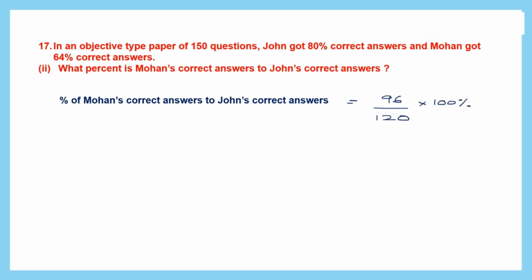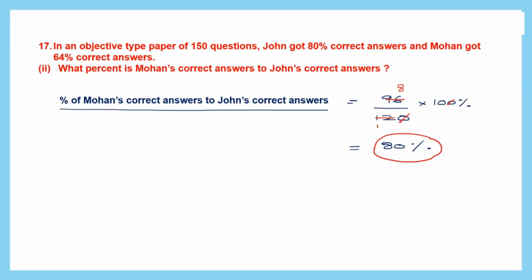Here we can cancel. Now I can cancel 12 and 96. 12 ones are 12, 12 eights are 96. Now I multiply 8 into 10, that is 80, and that is 80%. So the percentage of Mohan's correct answers to John's correct answers is 80%. This is our answer.